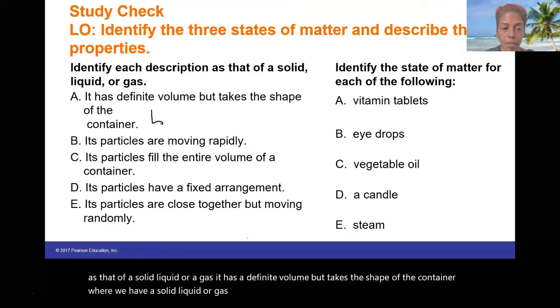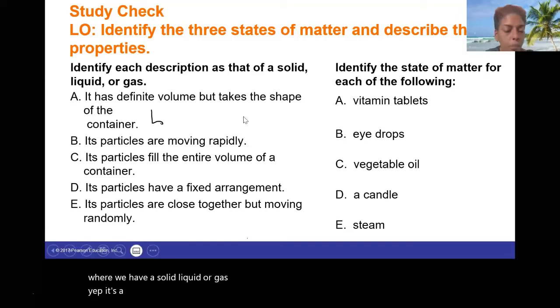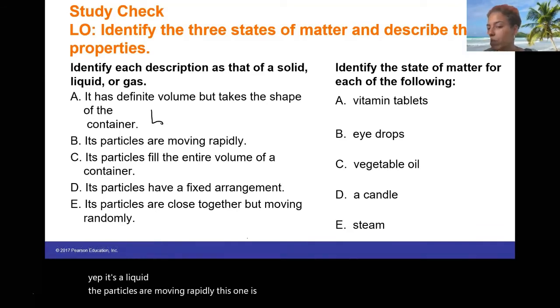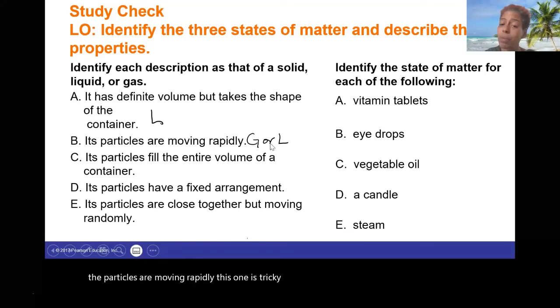Yep, it's a liquid. The particles are moving rapidly. This one is tricky. A gas or a liquid, because particles in liquids are moving pretty fast as well.